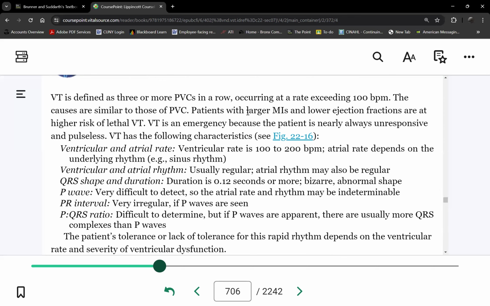So PVCs are expected, but you watch them for VTACs because the parts of the myocardium that died become very irritable because they're dead. And then the rest of the living portions of that ventricle, are they all in contact with the dead ones? Not anymore.